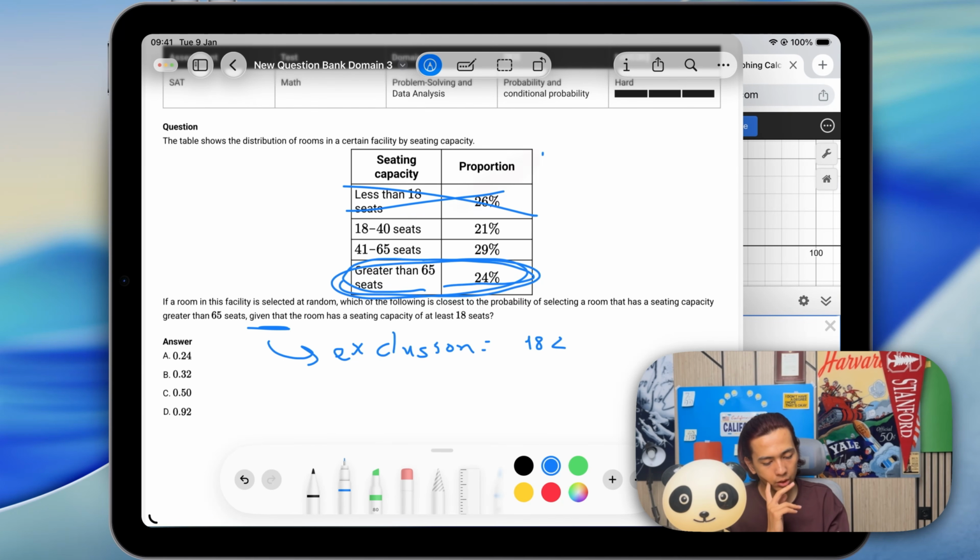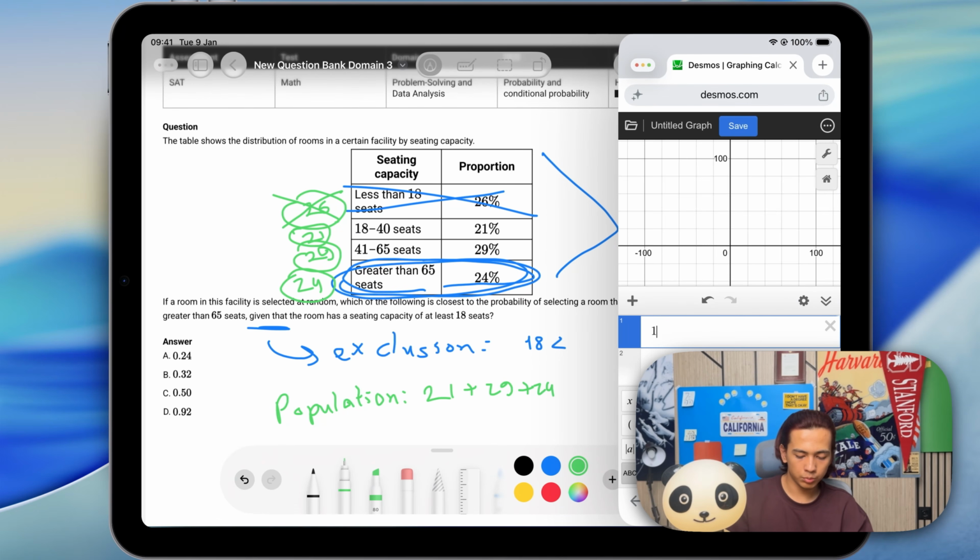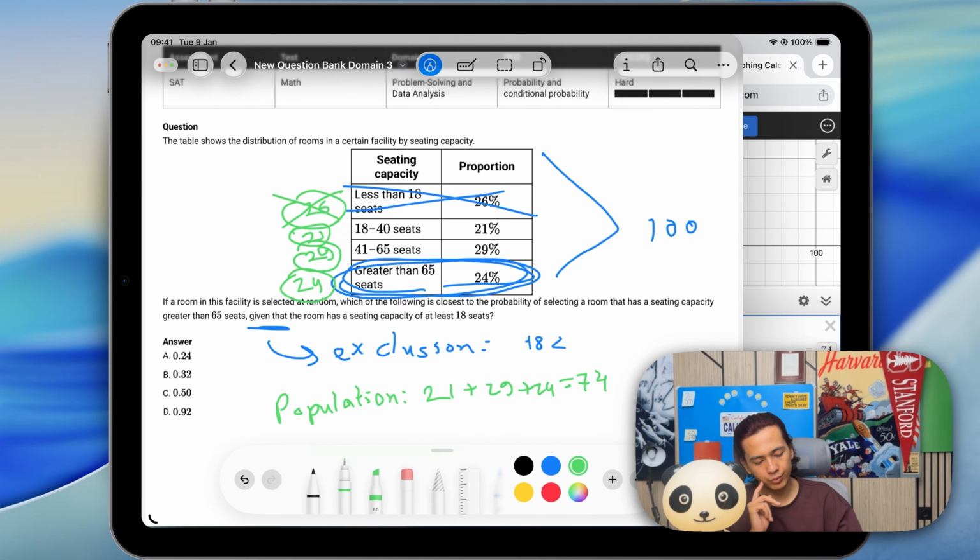So 26 of them have less than 18, 21 have between 18 to 40, 29 is this many, 24 is this many, and then you're excluding 26. So now the population becomes 21 plus 29 plus 24, which results in 74. So in total, you have 74 rooms now, not 100, because you have excluded 26.